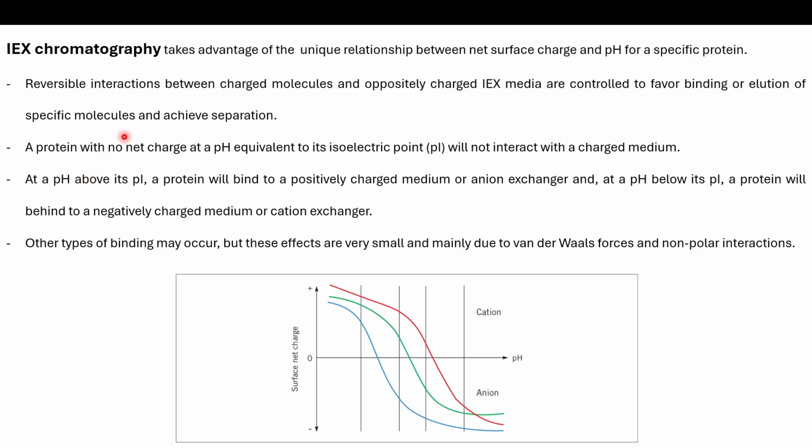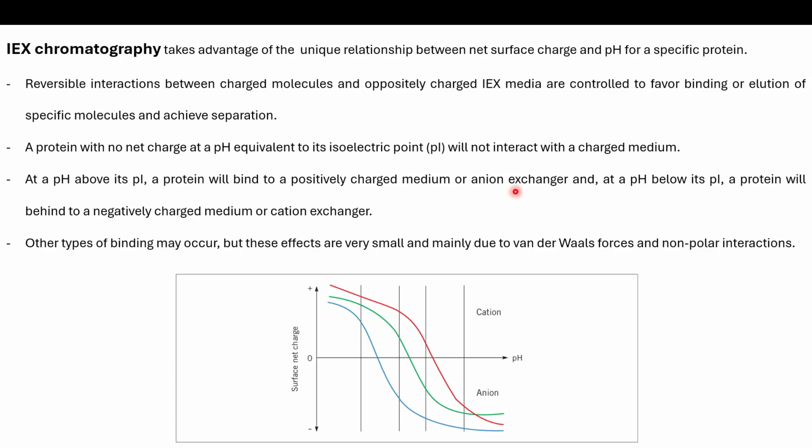So, a protein having no net charge at a pH equivalent to its isoelectric point will not interact with a charged medium. But at a pH above its pI, a protein will bind to a positively charged medium or an ion exchanger. We were looking at this in the earlier tutorial classes as well: if the pH is higher, that means the H plus content is less, right? OH minus concentration is higher.